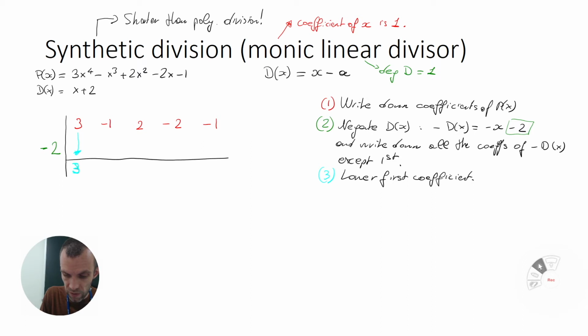Then step 4, we're going to multiply: we take the minus 2 and the 3 and multiply them together and put the result back in the table, so minus 2 times 3 is minus 6.